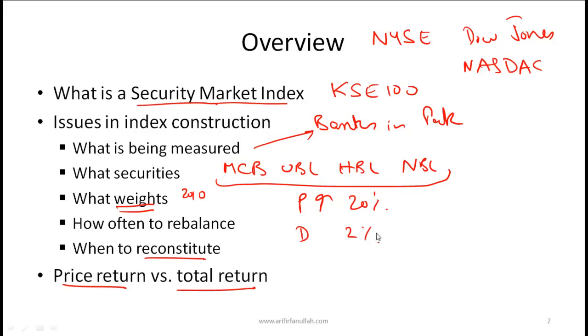What this means is that if this is a price return index, then the index will go up by 20%. If this is a total return index, then we look at not just the change in price but also the dividend. So then the total return will go up by 22%.